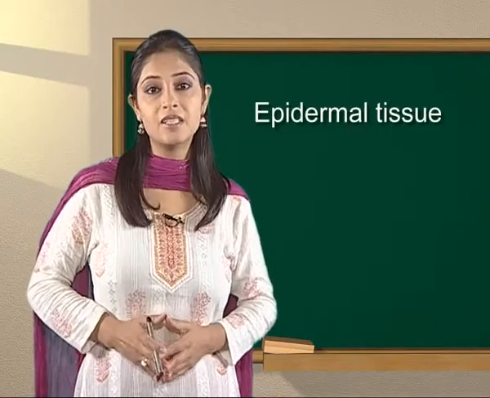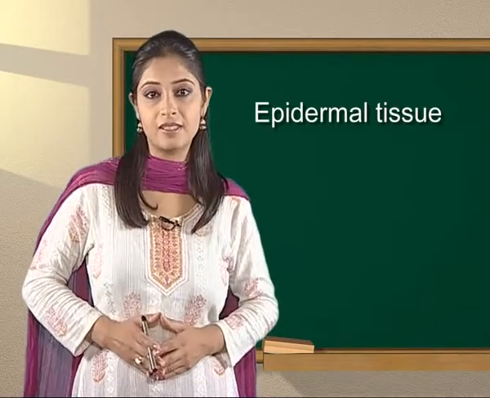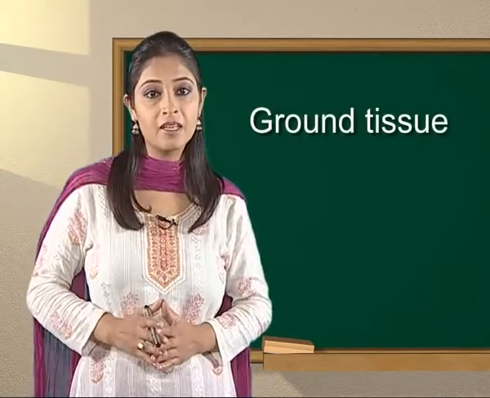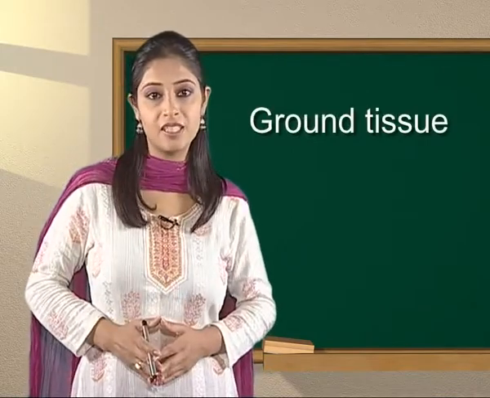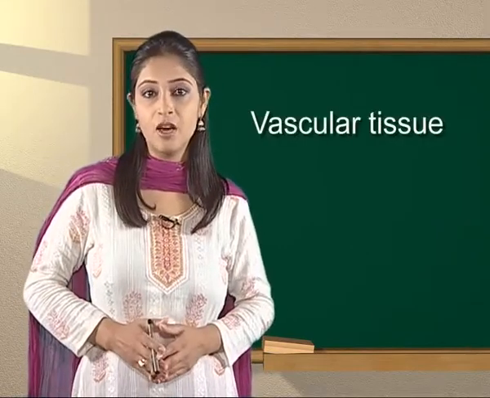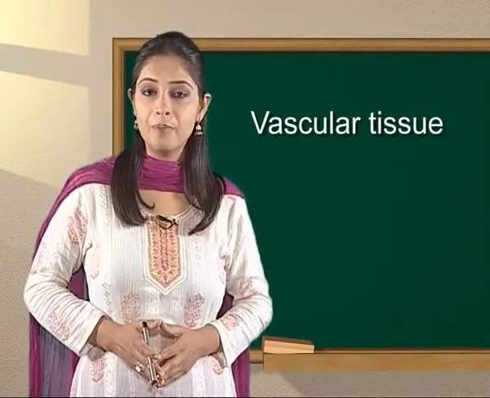The epidermal tissue covers the outer surface of herbaceous plants. The ground tissue forms the bulk or the primary plant body. Vascular tissue transports food, water, hormones, and minerals within the plant body.